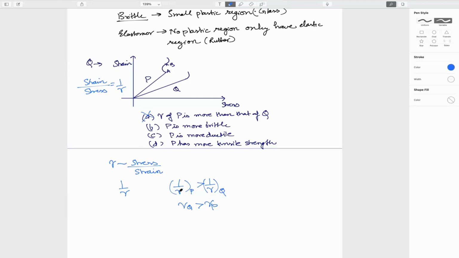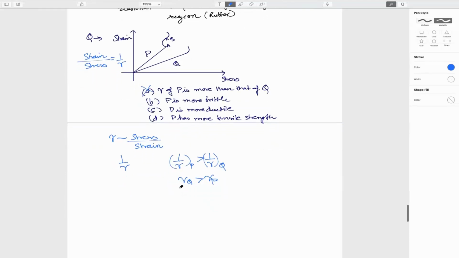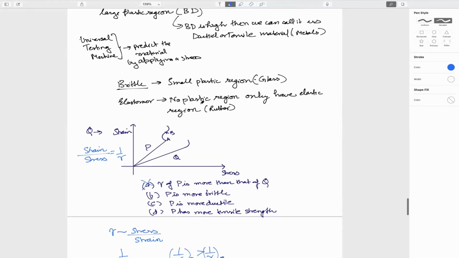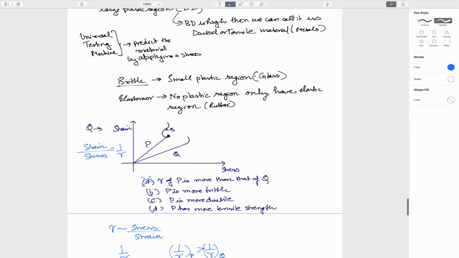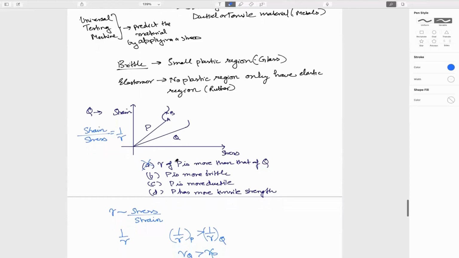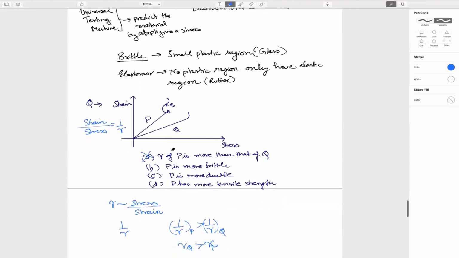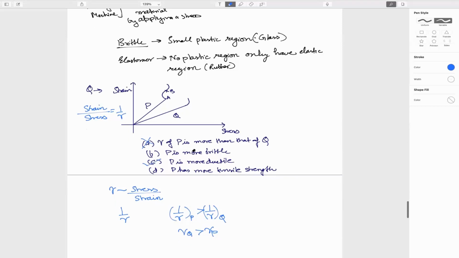The second option is P is more brittle. A material which has a small plastic region is brittle. P has a good amount of plastic region, so we can say P is more ductile, not brittle.